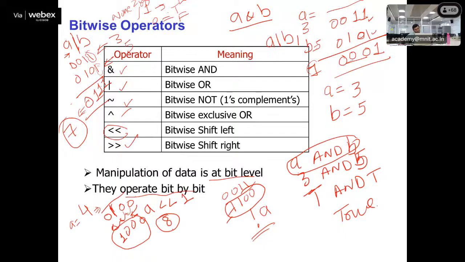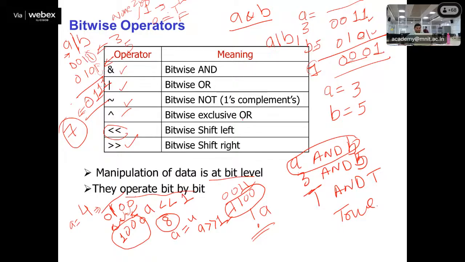It means if you want to multiply any number by 2, we can do a bitwise left shift. Suppose A is given as 4 and we want to right shift it by 1 bit.